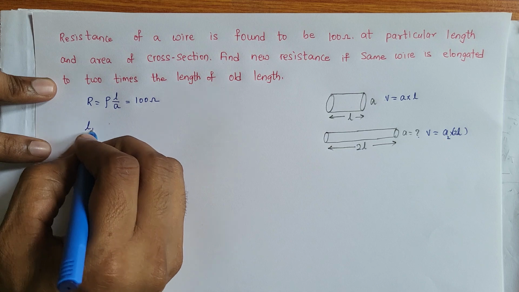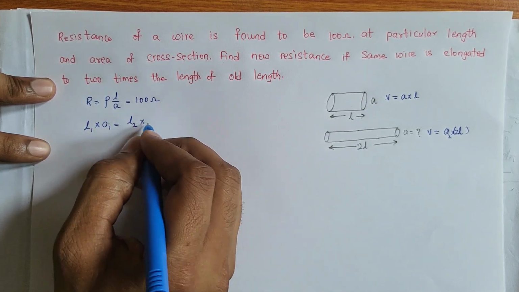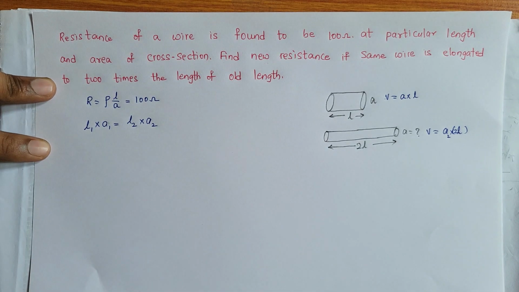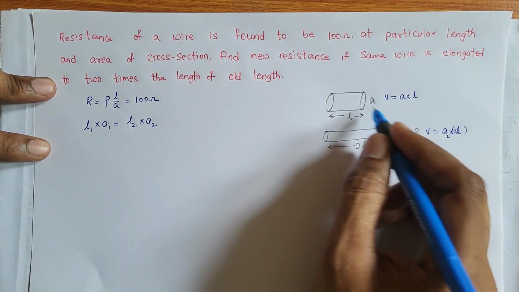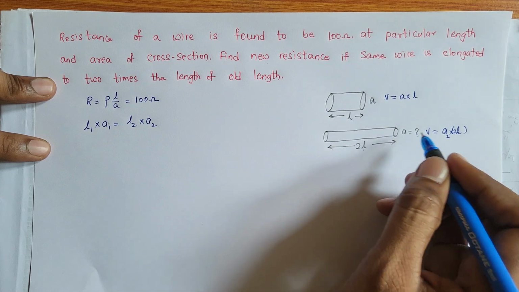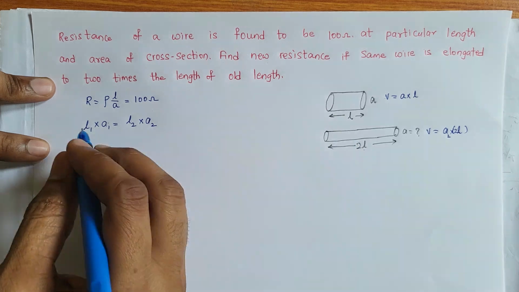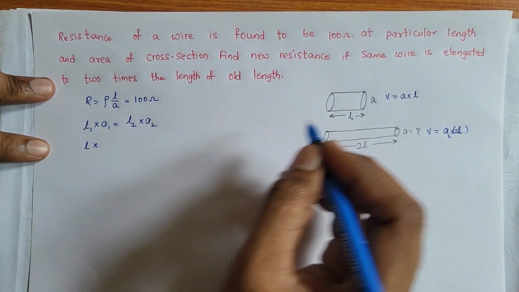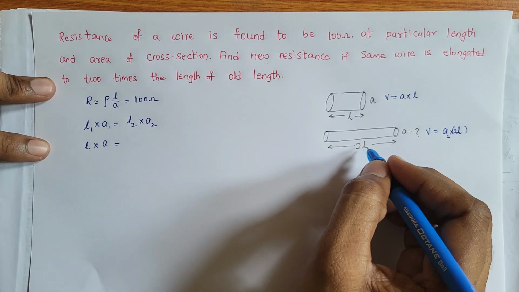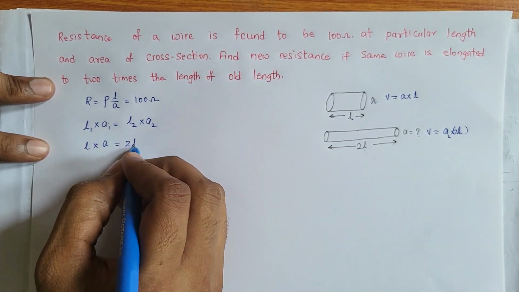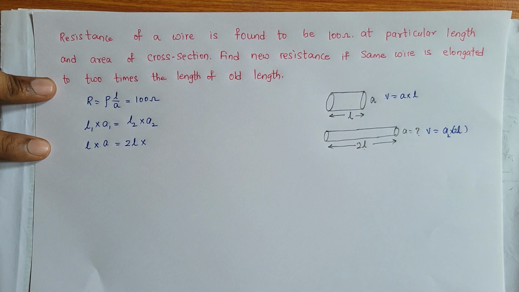We can do L1 into A1 will be equal to L2 into A2. Here length is L1, area is A1. Here length is L2, area is A2. Okay? So in first case length is L into area A is equal to, in the second case what is length? 2L into, what is area? Area we don't know.